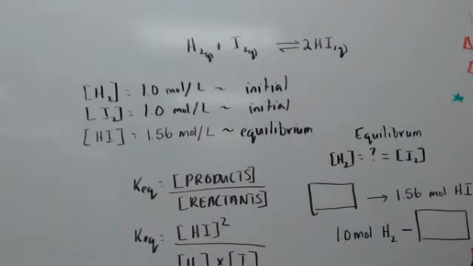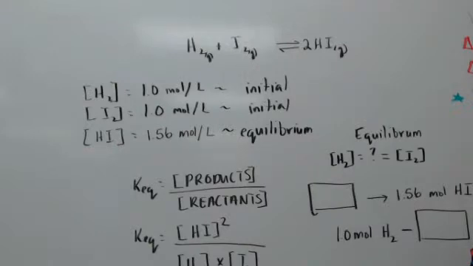In this problem, we're going to be given the amounts of each of our hydrogen and iodine gases to begin with. We know that 1 mole of colorless hydrogen gas and 1 mole of violet iodine vapor are sealed in a 1-liter flask, and they're allowed to react at 450 degrees Celsius.